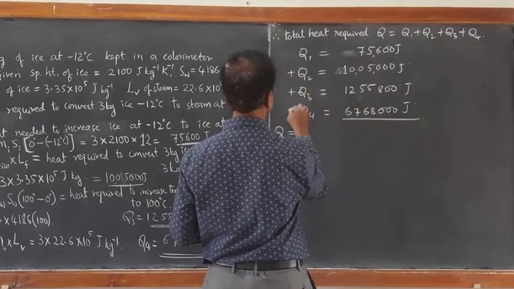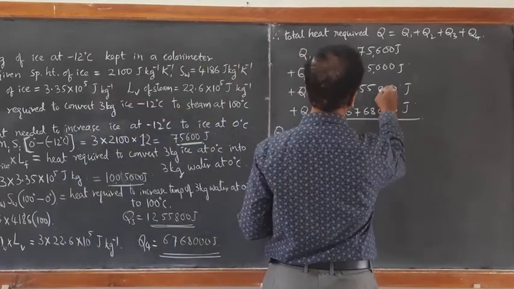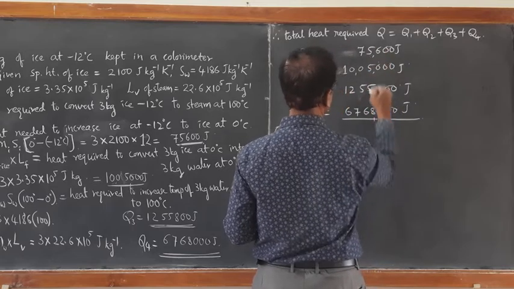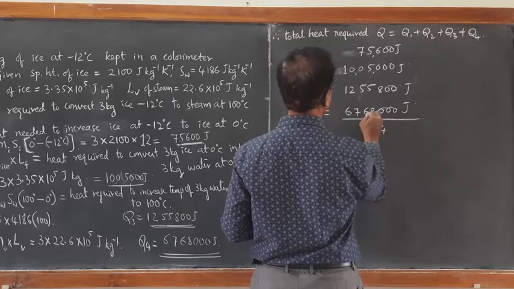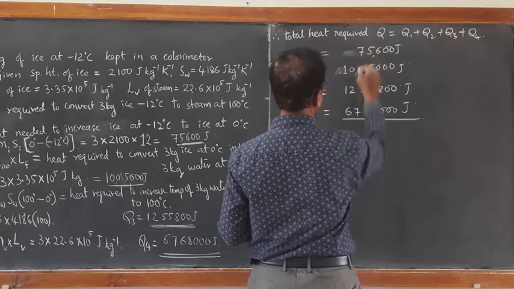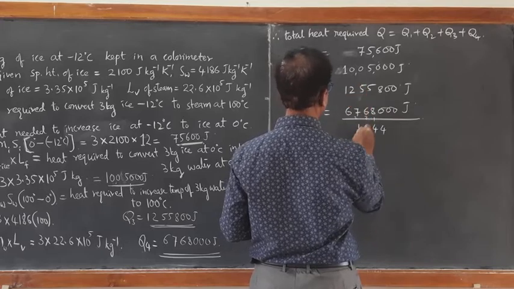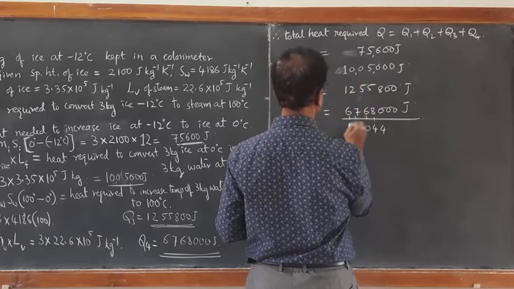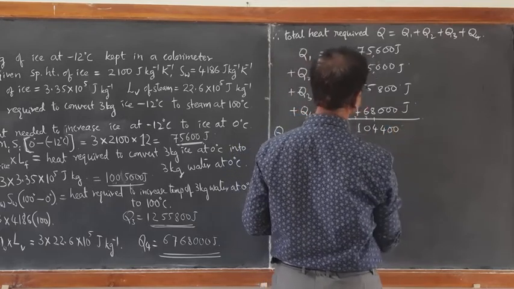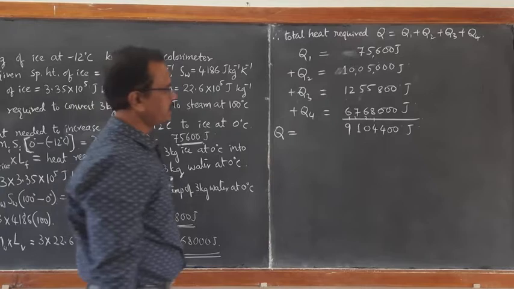If you add all this, then we get the result. 8 plus 6 14, carry 1. 9 plus 5 14 plus 10 24, carry 2. 8 plus 5 13 plus 7 20. 6 to 9, 9 to 11, carry 1. 6 plus 3 9. 91 lakh 4,400 joules.